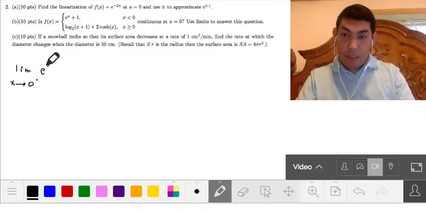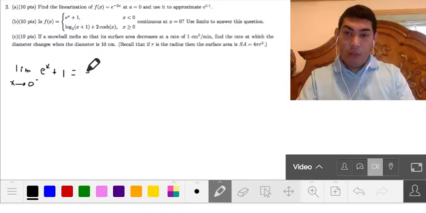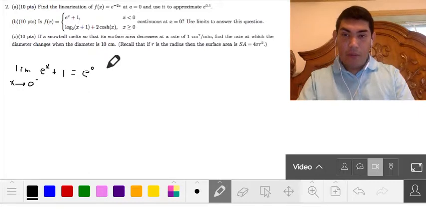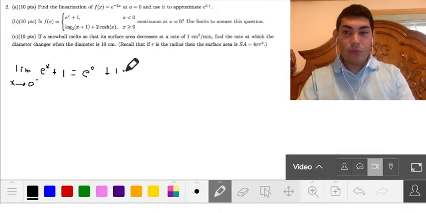So we're going to write e raised to the x plus 1. And by taking the limit, we can see that that's going to approach e raised to the 0 plus 1. And e raised to the 0 equals 1.